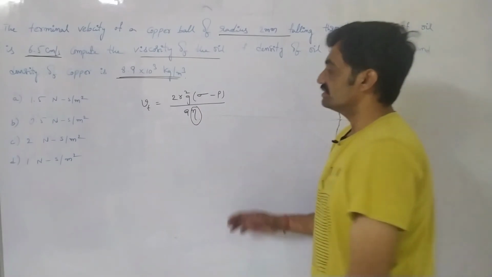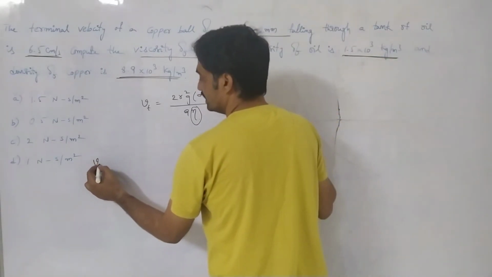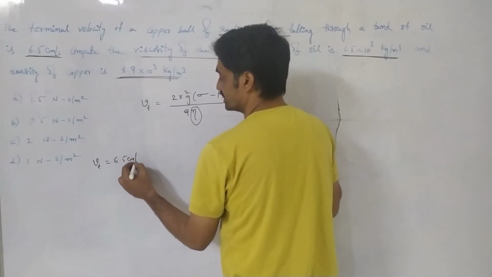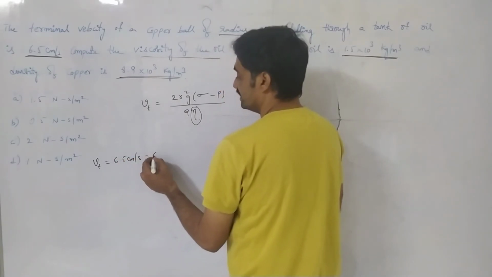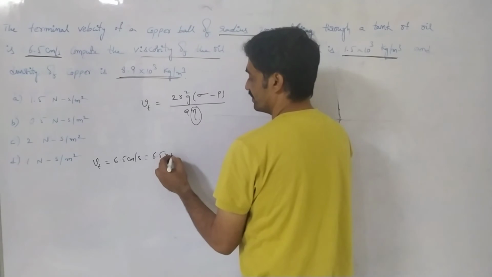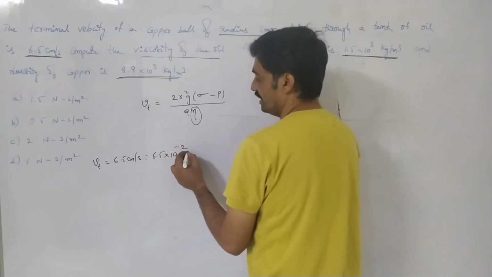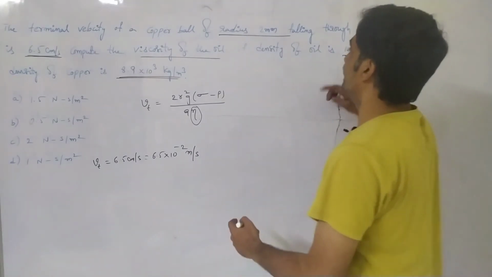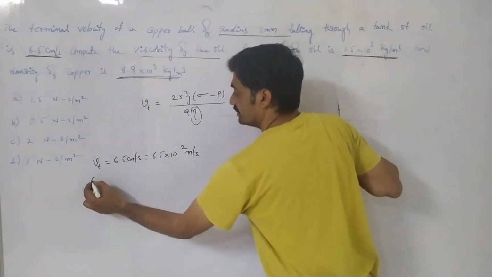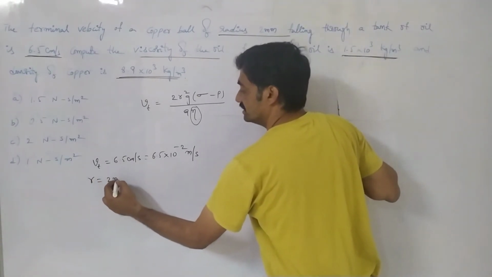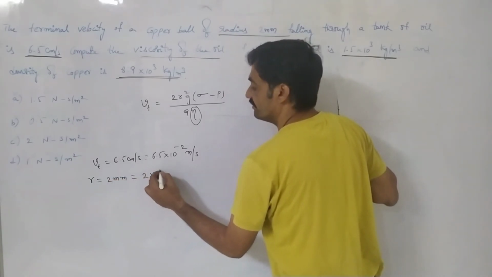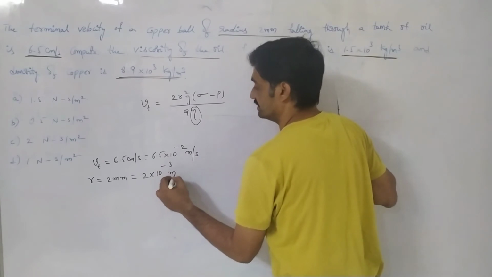And we know the expression for terminal velocity, v_t equals 2r² g (σ − ρ) by 9η. Here, when we substitute all these values in this expression, we can find the coefficient of viscosity. Observe that the terminal velocity is 6.5 centimeter per second. In terms of meter, it can be represented as 6.5 into 10^−2 meter per second, and the radius is 2 millimeter, so it can be represented as 2 into 10^−3 meter.